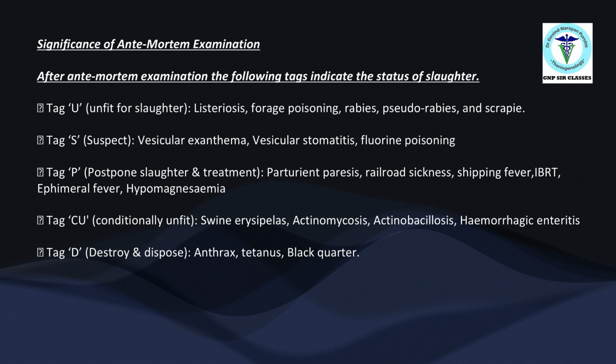Tag P, postpone slaughter and treatment: parturient paresis, railroad sickness, shipping fever, IBR, ephemeral fever, hypomagnesemia. Tag CU, conditionally unfit: swine erysipelas, actinomycosis, actinobacillosis, hemorrhagic enteritis. Tag D, destroy and dispose: anthrax, tetanus, black quarter.